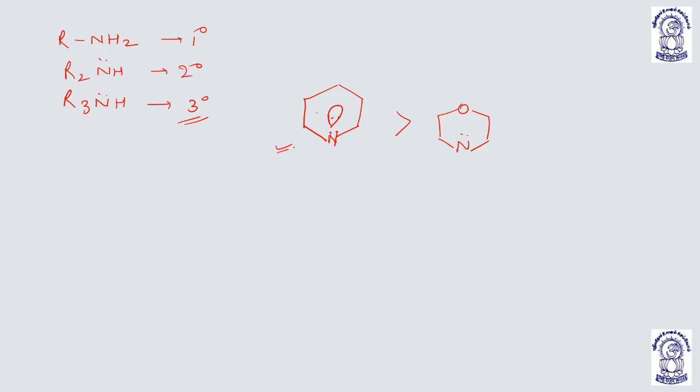This compound is more basic because the lone pair is available. Okay, but the oxygen being more electronegative will attract the electrons, and the lone pair availability will be lesser.